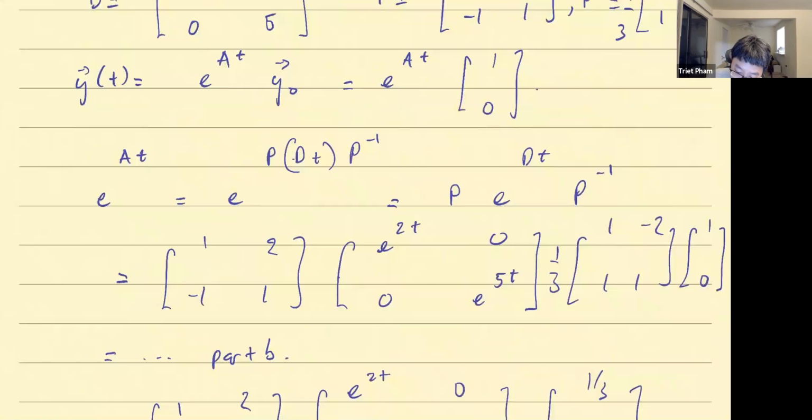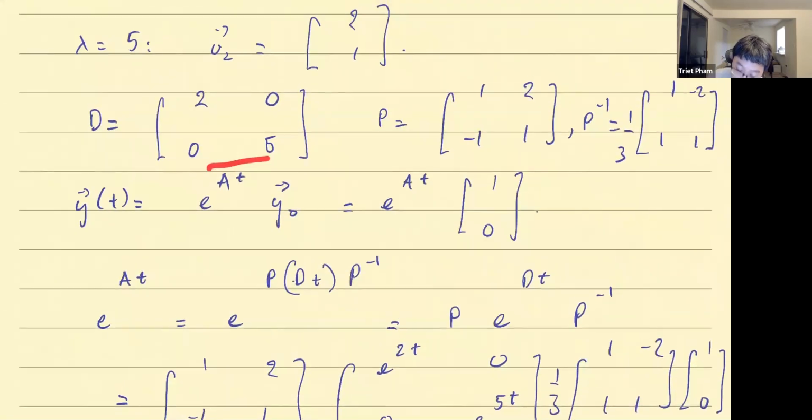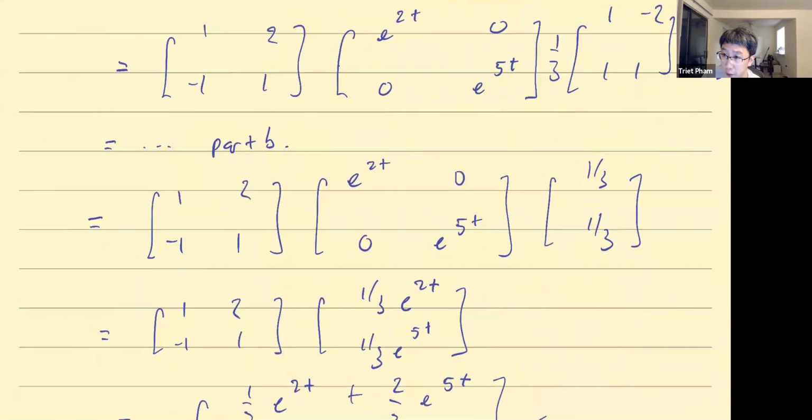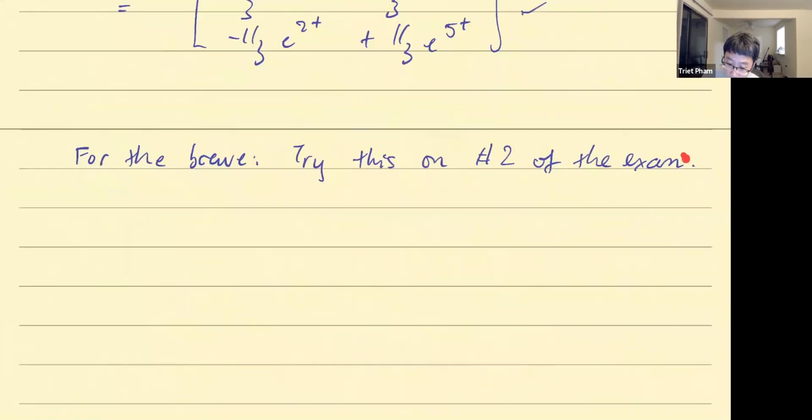The reason I say the brave is not that it's that bad, but you will have to take the inverse and do computation with imaginary numbers, complex numbers, which will be a little more painful than this example. So I'm not going to sit here and do it for you. But if you try it, you will get the same answer as you get for 2B using this approach as the one we did on the exam. Again, I'm just trying to say that all these approaches are consistent.